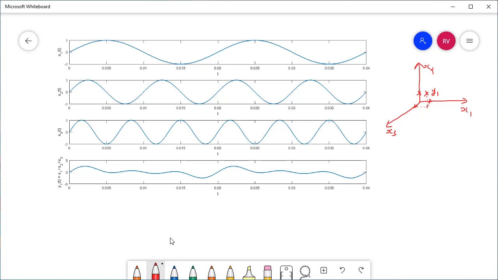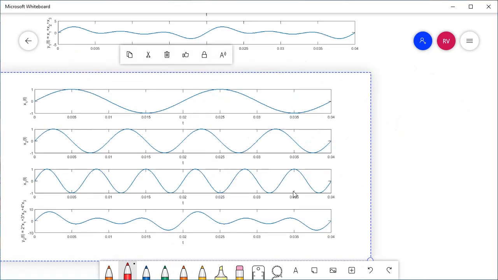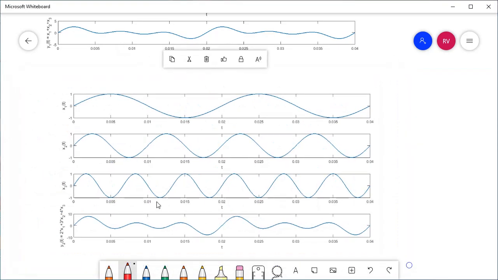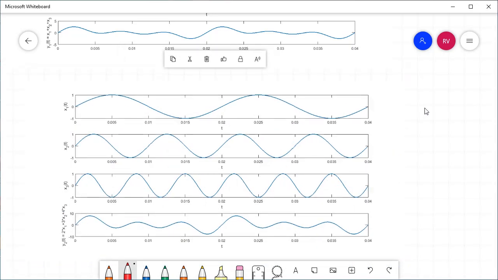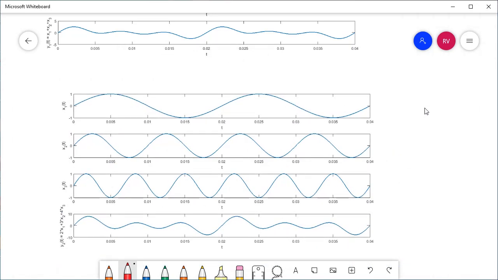We can have different kinds of signals y created by x1 to x3. You can scale them with different values and add them together to form a different signal. For example, here I have scaled x1 by 2, x2 by 3 and x3 by 4. So this is the equation: y2 is 2 times x1 plus 3 times x2 plus 4 times x3.